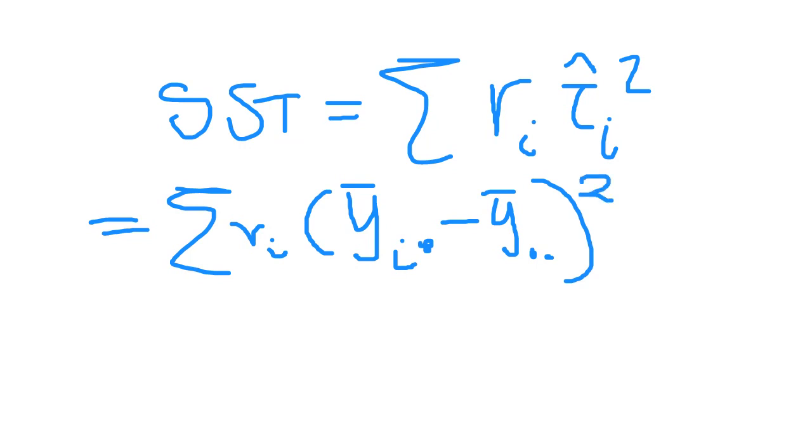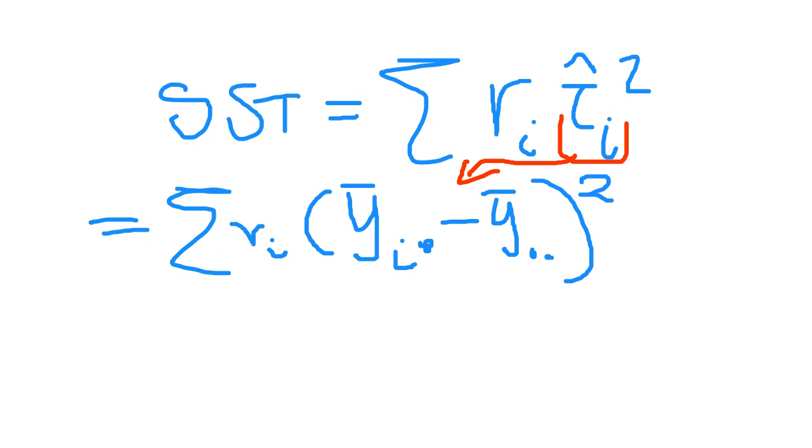Because the part inside the brackets is tau i, isn't it? Can you see it, guys? So you can also write the formula like that. So please don't memorize these things, guys.